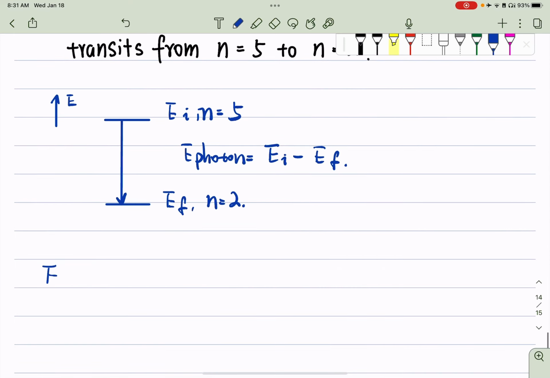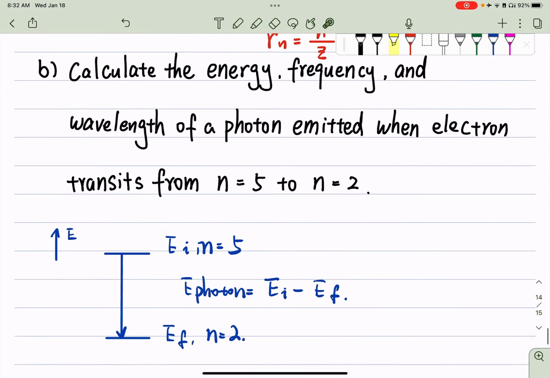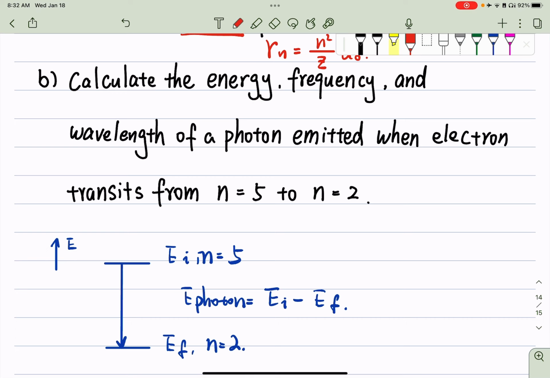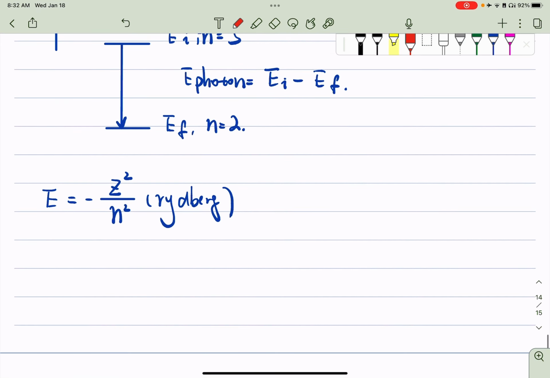And we know in this case, we have the energy equals negative Z squared over n squared Rydberg. And you can just plug in numbers. We know what the Z is, we know what the n is, and that gives the energy level. And by translating energy into frequency and wavelength, we have E photon equals h nu, and now we have our frequency.